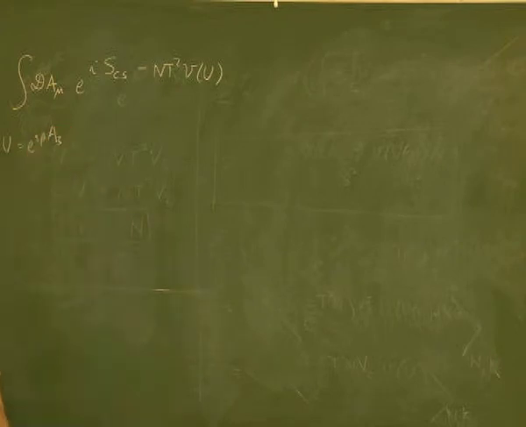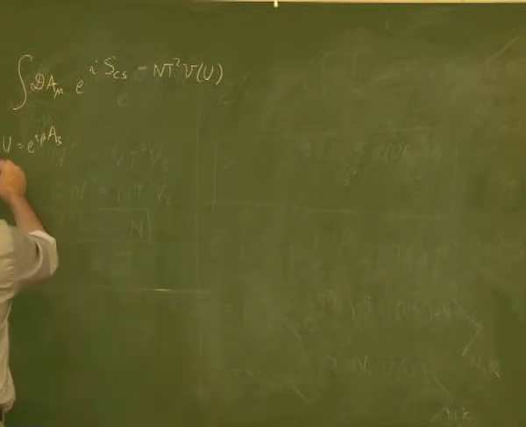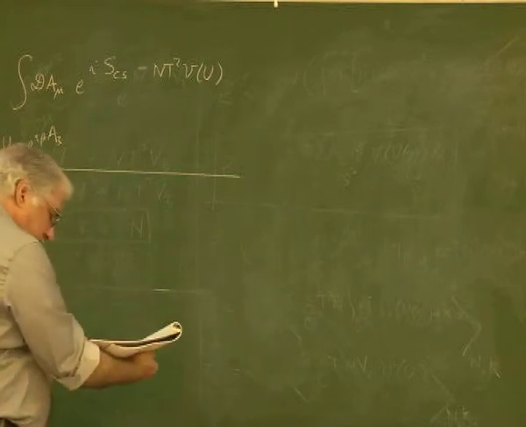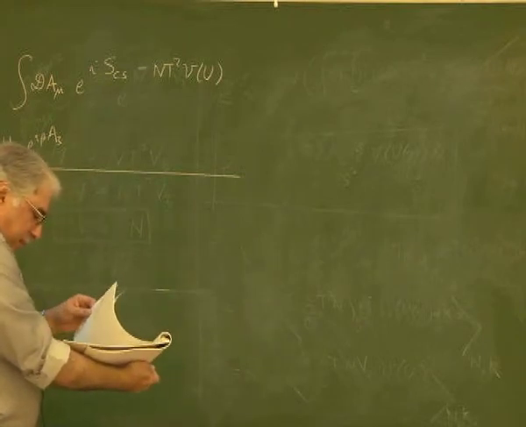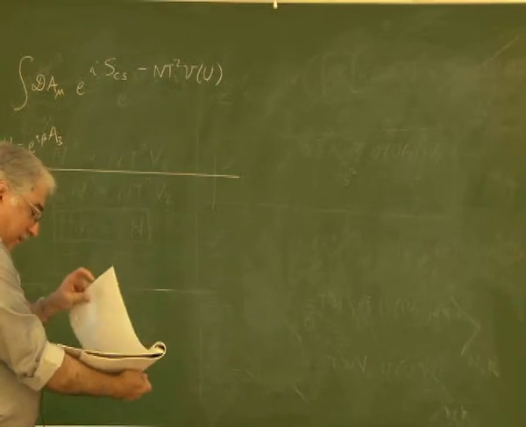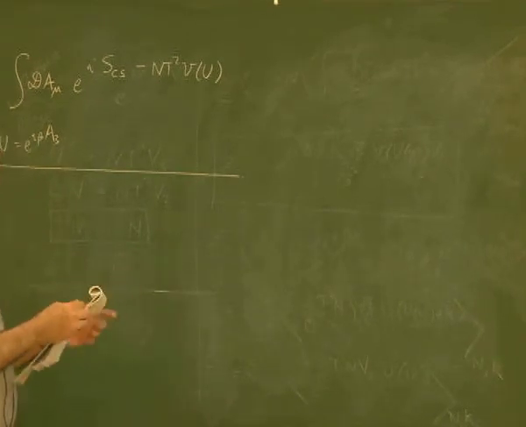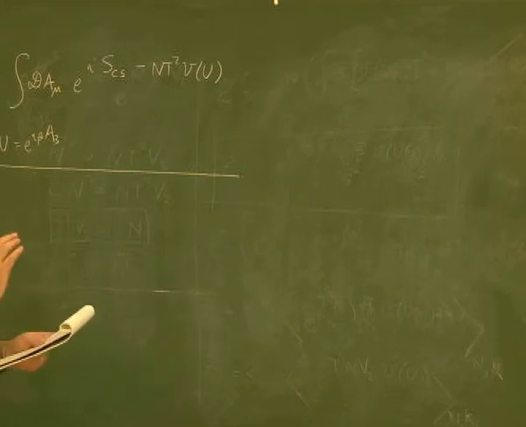Okay? All right. So maybe before I show you the full calculation, and by the end of it you all get very tired, I will just tell you what the answer is first. The answer is the following.